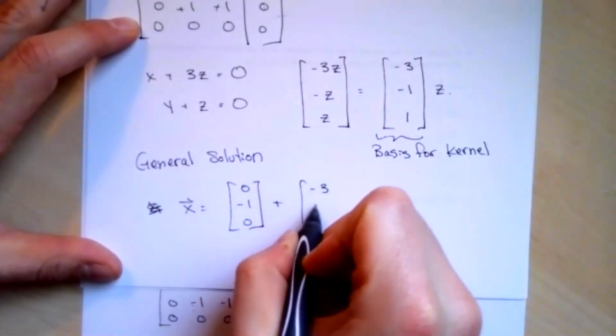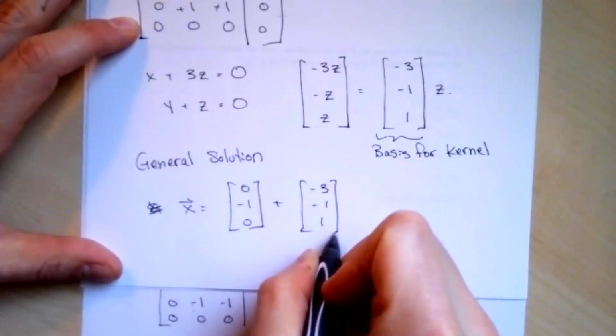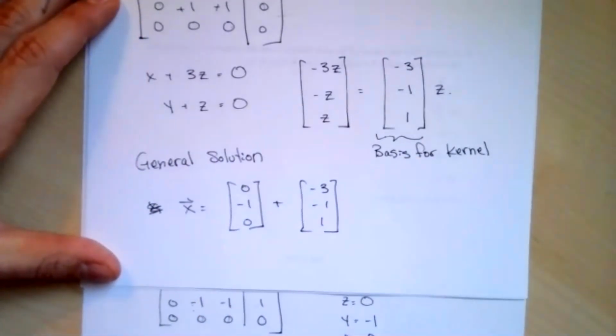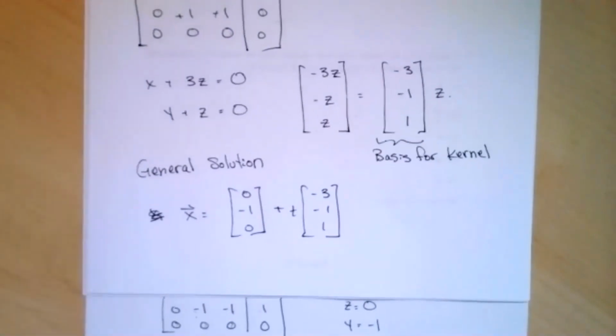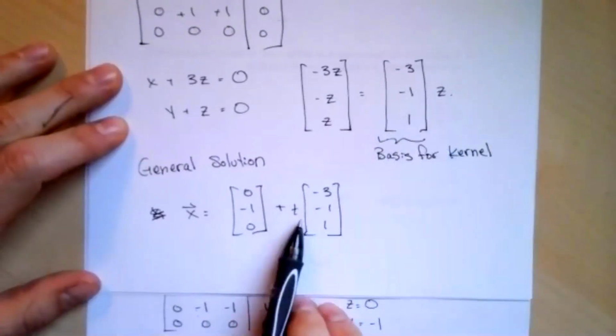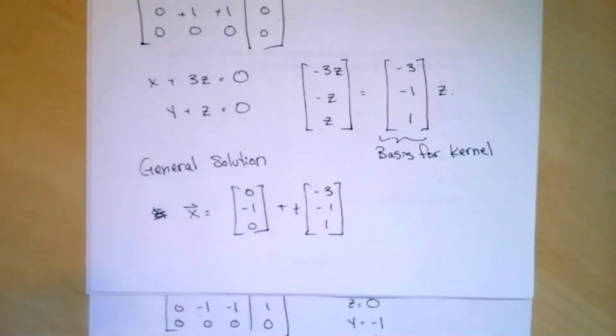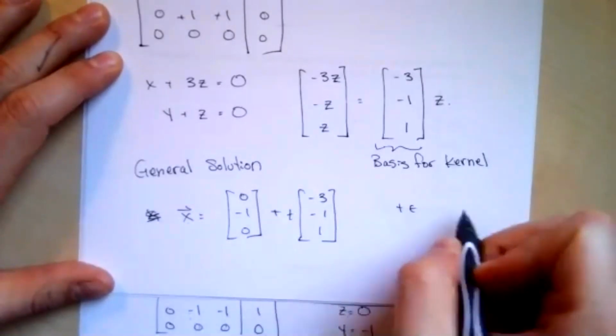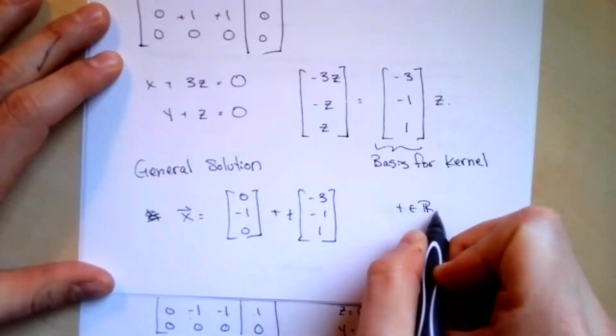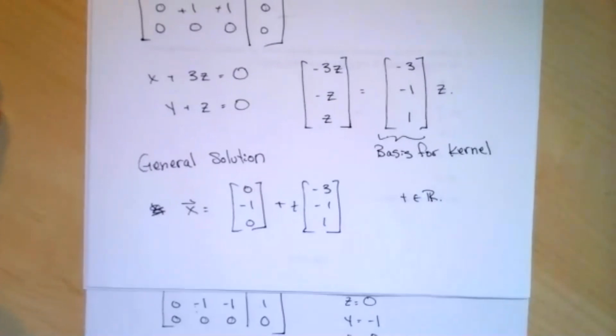So you can write it as minus 3, minus 1, 1. You could keep using a z for your parameter. We've commonly used s's and t's, so you can use s and t. Z is perfectly fine. Of course, this is a dummy parameter, and as long as you're not putting a vector line over it, it's fairly clear that it's a scalar. And so this is our general solution.